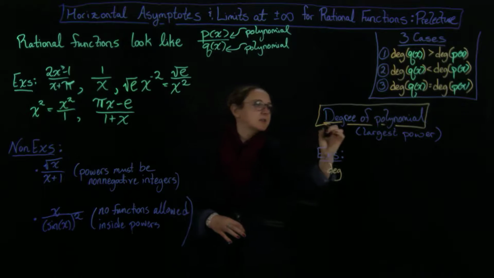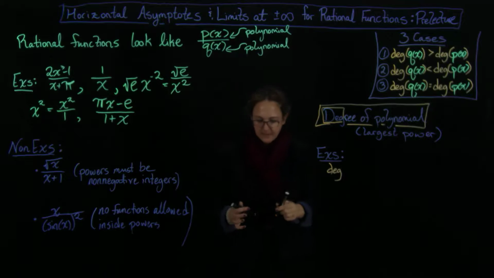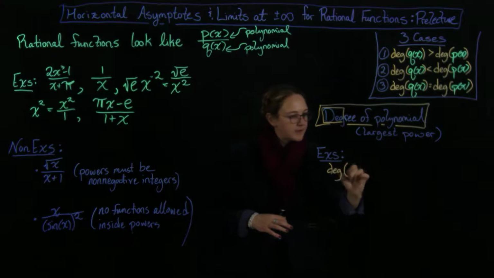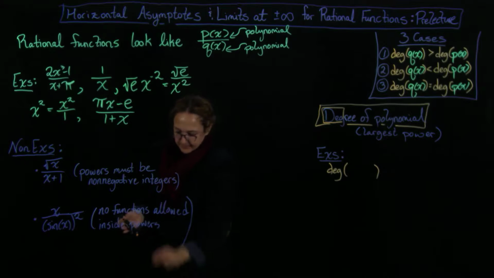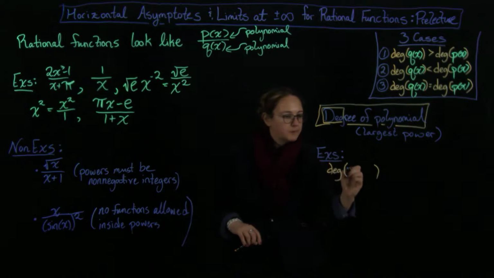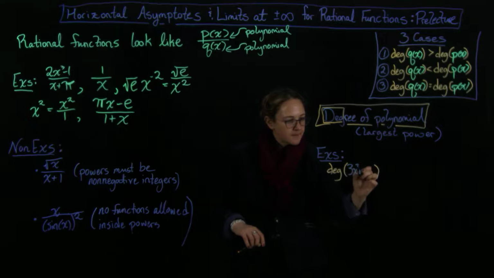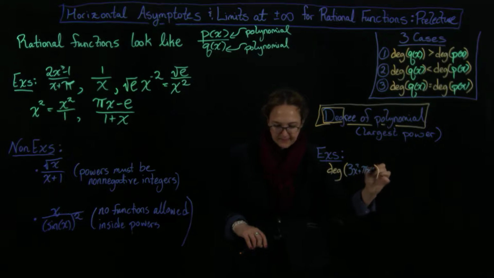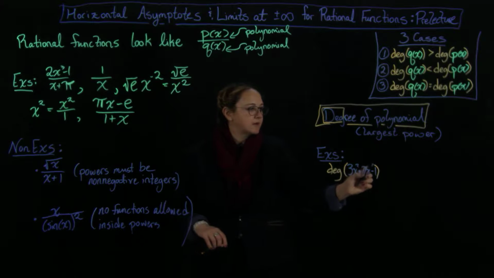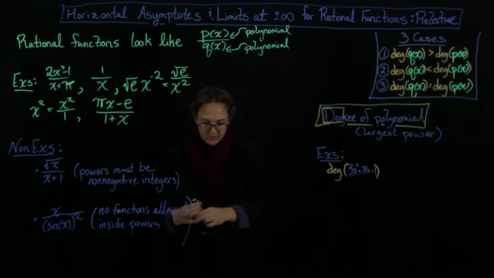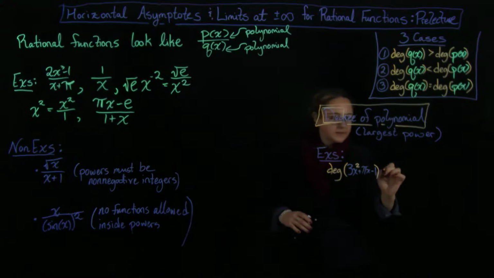So I want to take the degree of this polynomial, so maybe I'll go back to having this be blue. I have 3x squared plus pi x minus 1. I look for the highest power. This power is 2, this power is 1, this power is 0. So it's definitely this power 2 here. So I get that the degree is equal to 2.